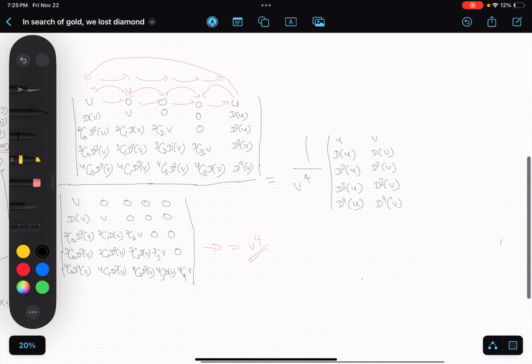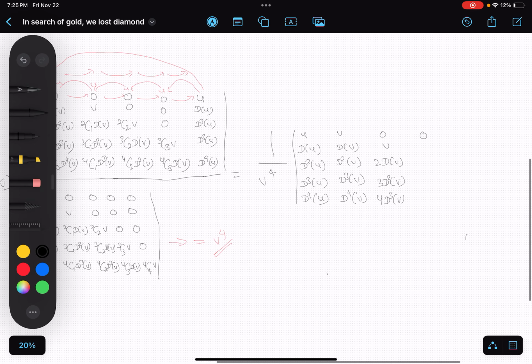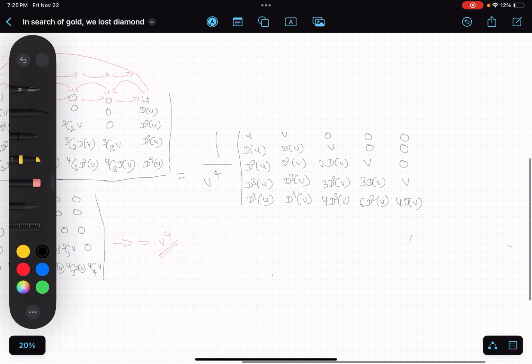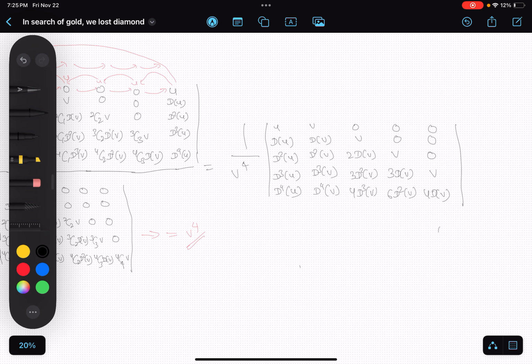And then 0, b, this is 2 dv, this is 3d square b, this is 4 d cube b, this is 0, 0, b, 3 d of b, 6d square b, right? And again 0, 0, 0, this is b, 4 dv, and the last one is just, yeah, there's already a lot. This is all.